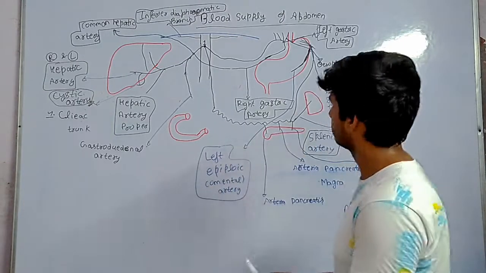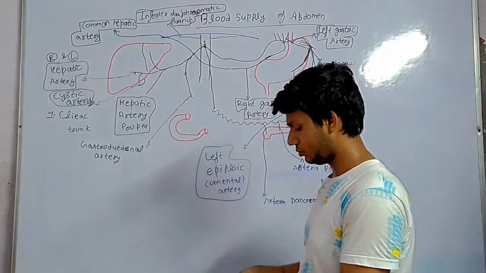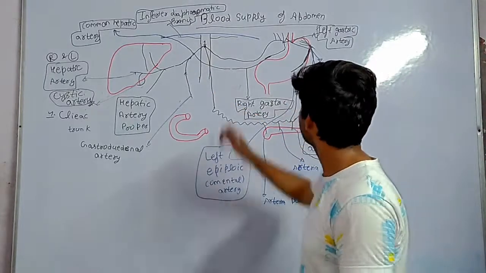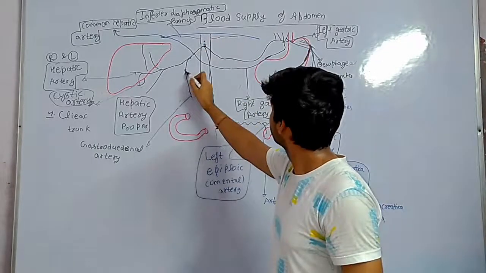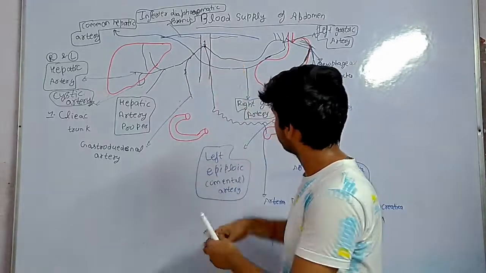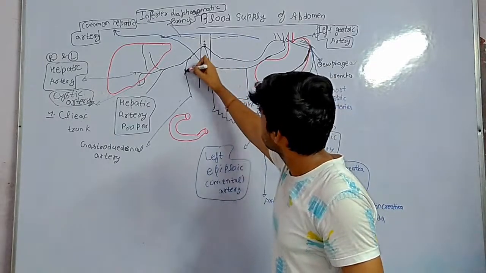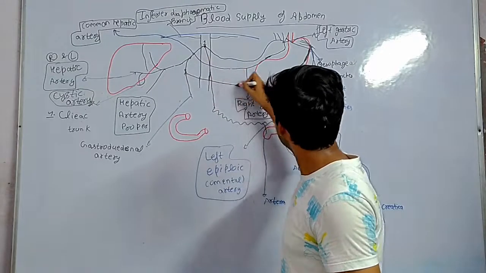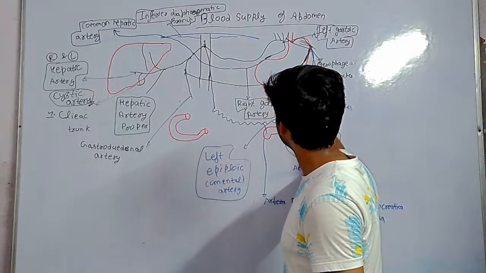Then again, we know this is gastroduodenal artery. It gives one branch for anastomosing with it. This is the aorta, this major branch. It gives a branch which again supplies the greater curvature of the stomach and anastomoses with it.